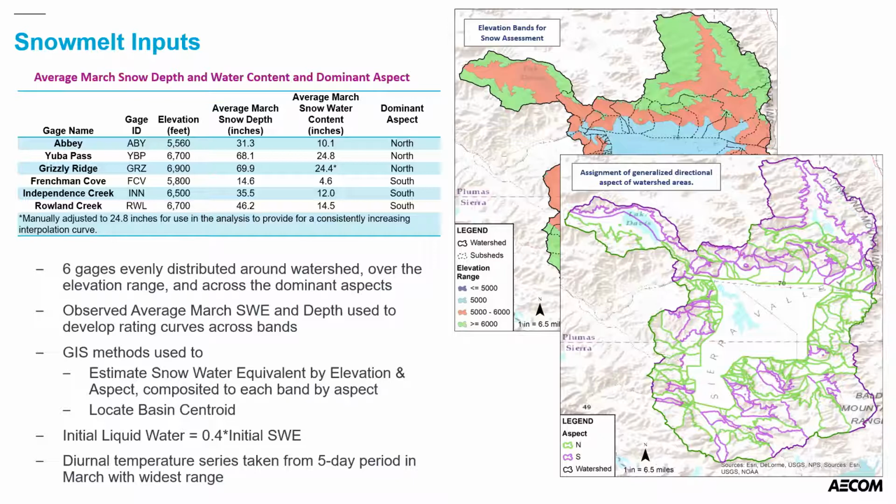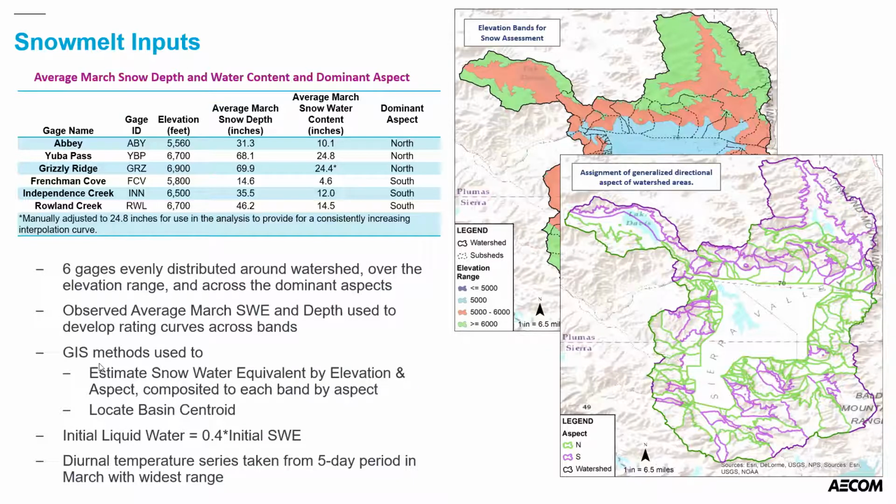So given March, we then pulled out from the data sets the average snow water equivalent in the depth across the elevation bands. The gauges are distributed across the elevation bands within the watershed. You can see the elevation bands in this upper graphic.